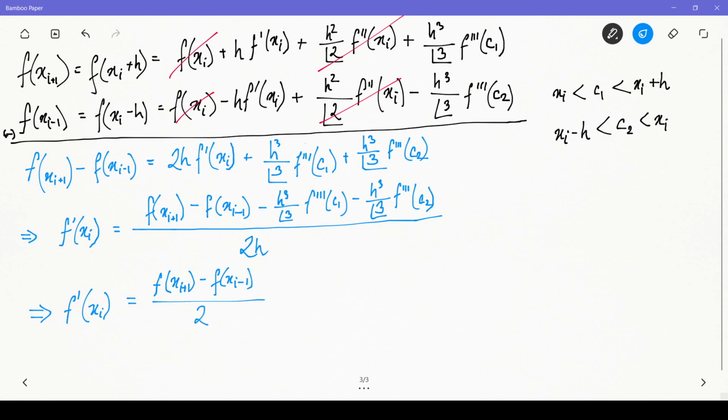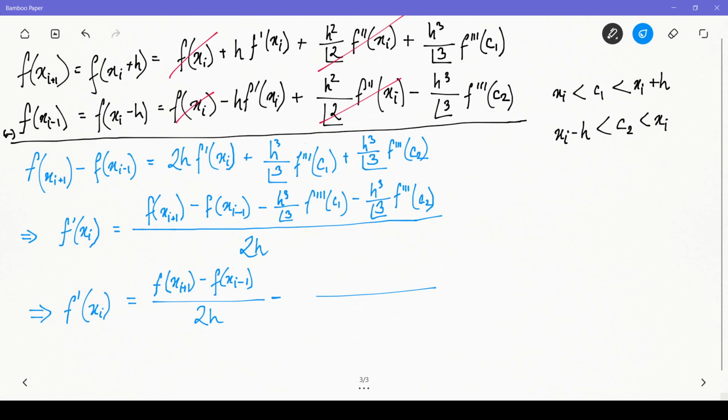divided by 2h. Then let's try to isolate these two terms. This minus we're taking at the front. So let's skip one line and write it. h cube by 3 factorial divided by 2h. What will it be? It will of course be h square by 3 factorial, right?